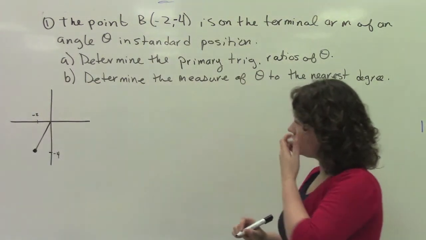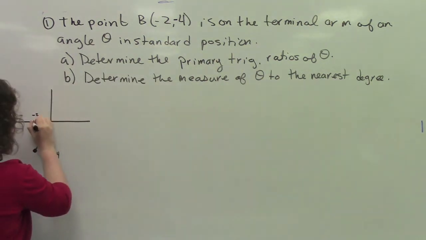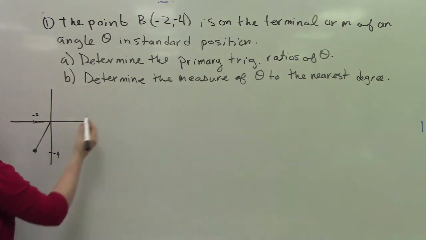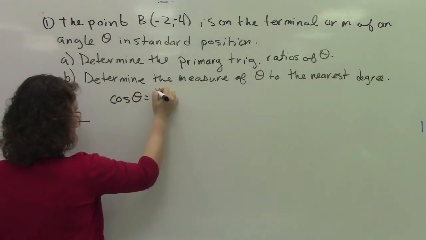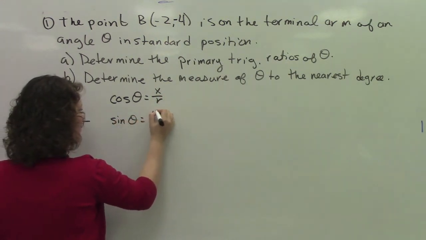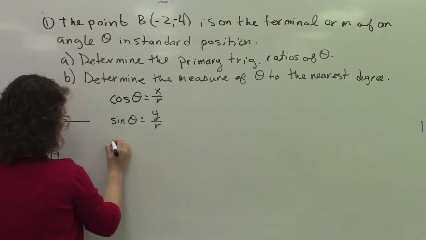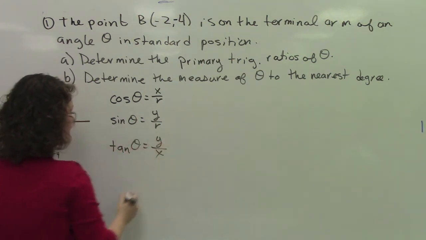To find our trigonometric ratios, we know that cos theta is x over r, sine theta is y over r, and tan theta is y over x.